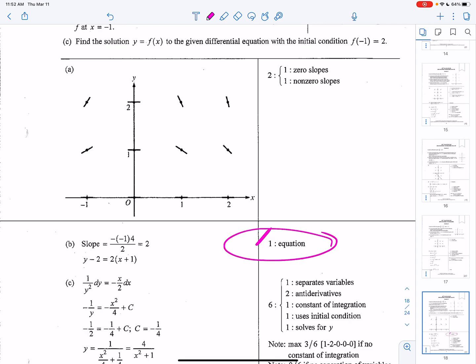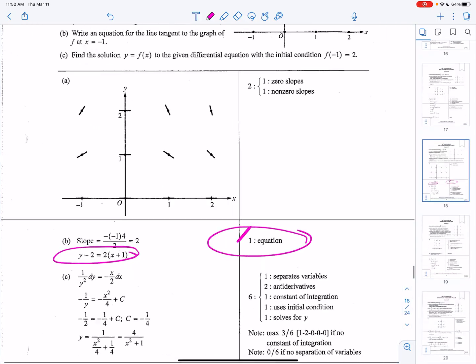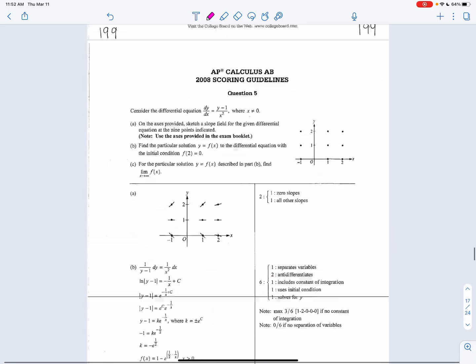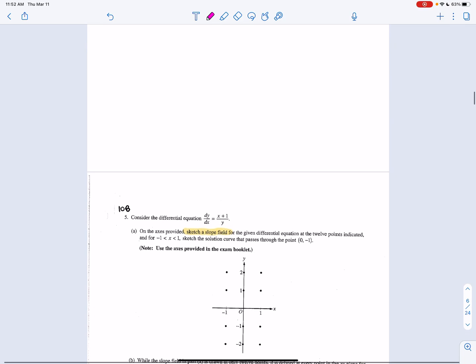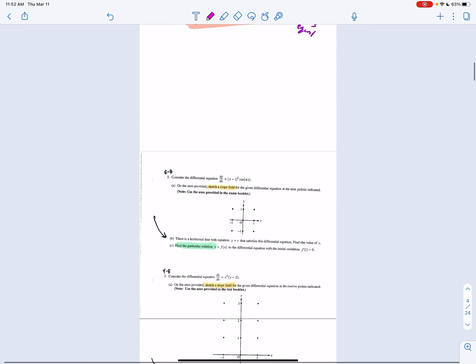Remember, you only need 3 out of the 9, and you're in a good spot. Okay, we didn't write it exactly like that, but it is equivalent, so we get our point there. Okay, so go ahead and go through all of those write an equation of a tangent line problems to get the hang of it, okay?